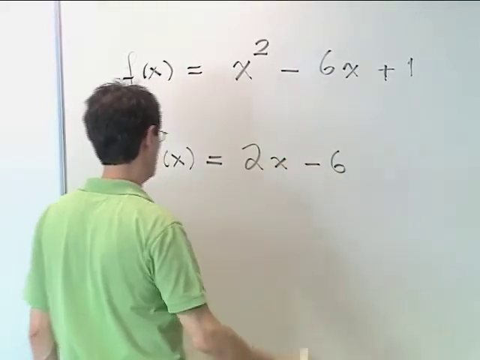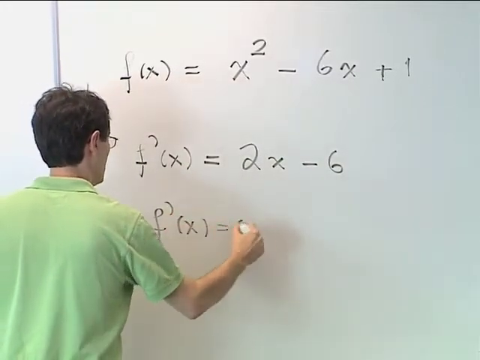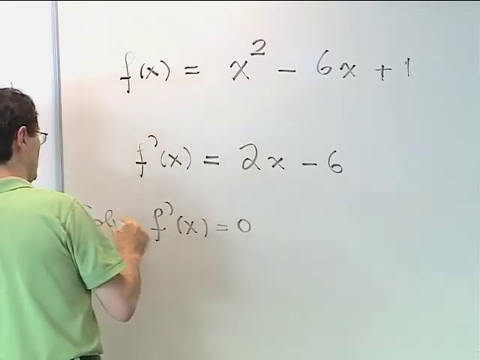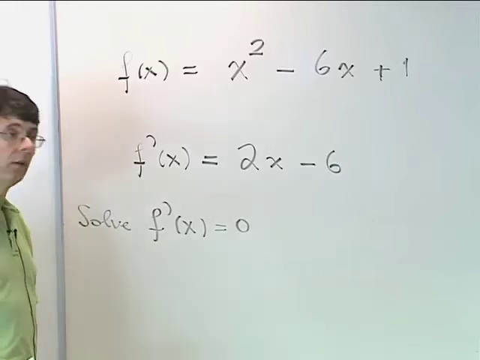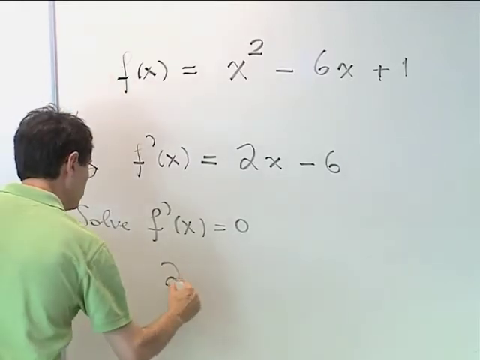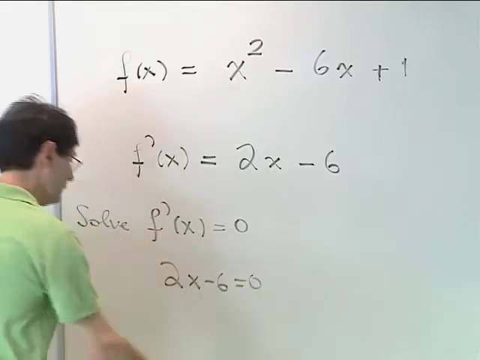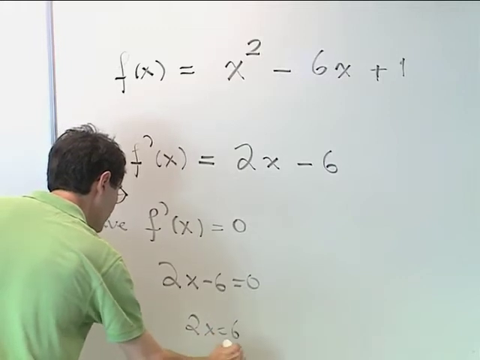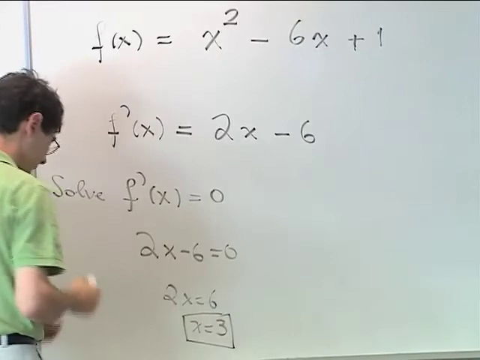And then I set it equal to 0. I need to solve this equation. So I need to solve 2x take 6 equals 0. And I solve it to find x equals 3.